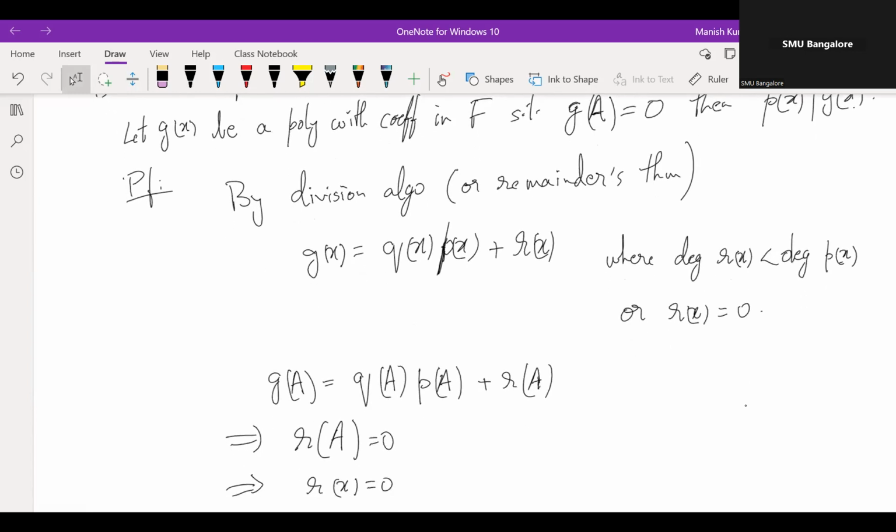But r(x) has degree less than p(x) if it is non-zero.